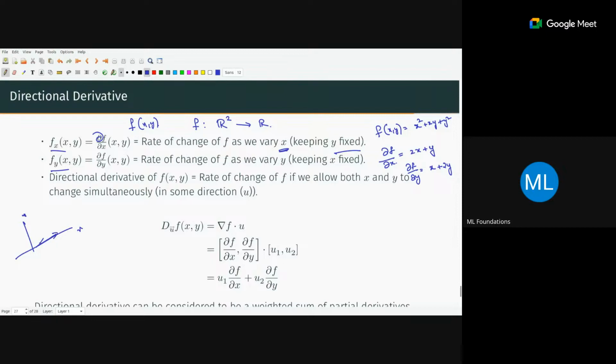If I vary x as well as y, my f of x, y will no longer move in one direction. It moves like a region, like some cloud is moving. So this is how it will move.